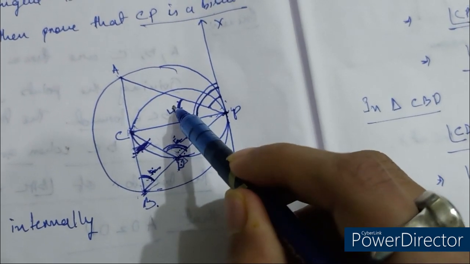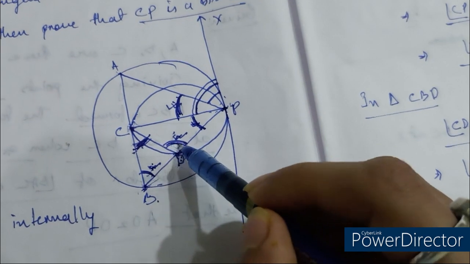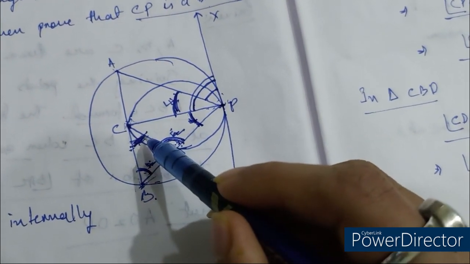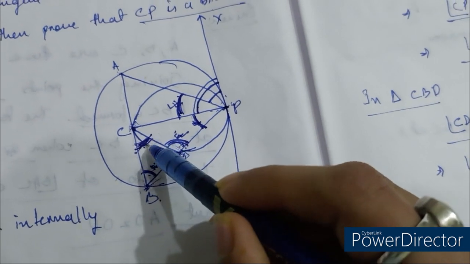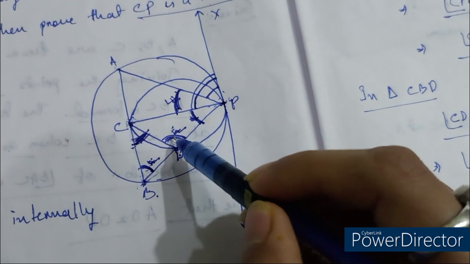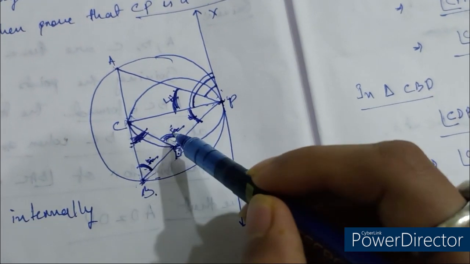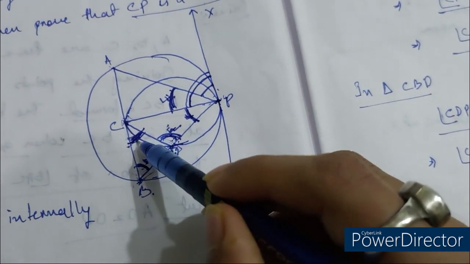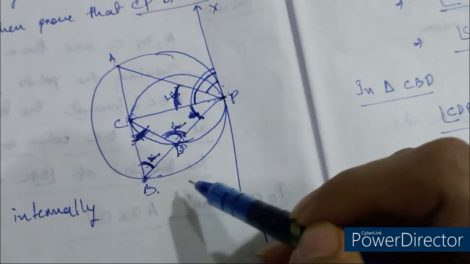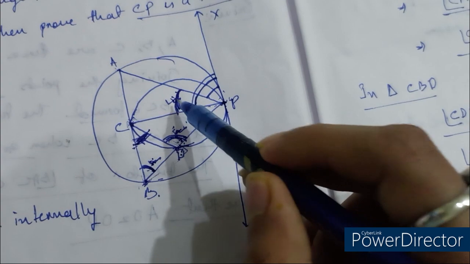See, first of all this one is equal to this angle minus this angle, that one is our equation 3. Then by the exterior angle property, this angle is equal to this angle minus this angle. Again this is equal to this minus this, and this angle is equal to this one, angle in the alternate segment. So therefore from 3, 4 and 5 these two angles will be equal.